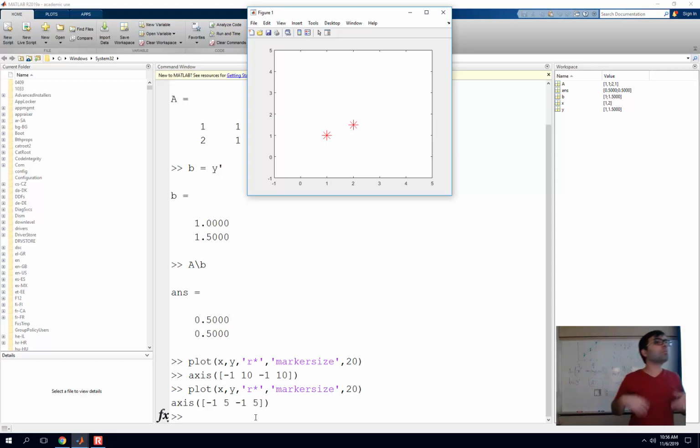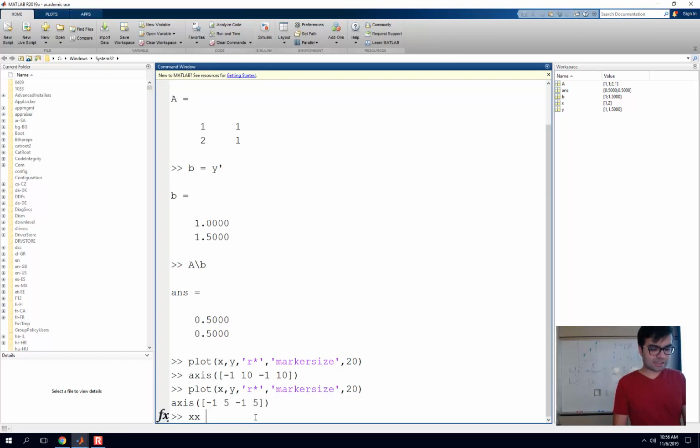In order to plot a line, I need some x values. How do I create those x values? Linspace. So xx is equal to linspace. I want to go between -1 and 5.